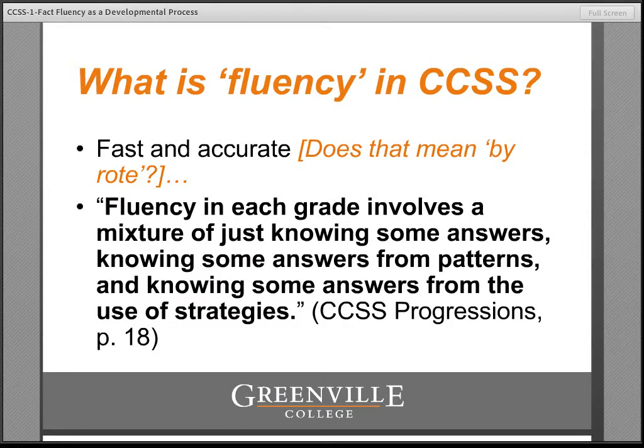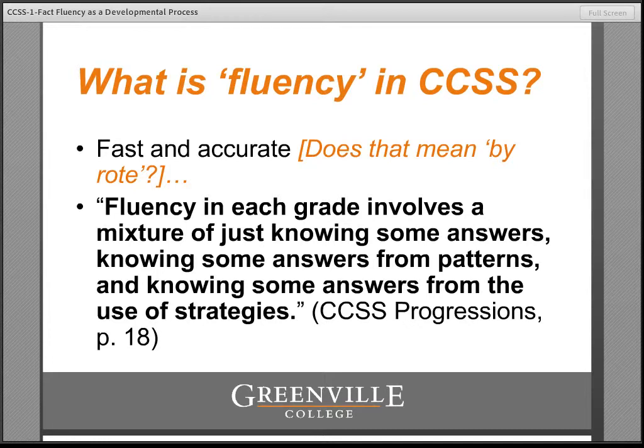the primary approach. In this quote from the Common Core Progressions, the authors specify that fluency includes, quote, just knowing some answers, end quote. But that could be because they've just worked with them for so long. For example, the facts that sum to 5 are ones that children have been working with since kindergarten.